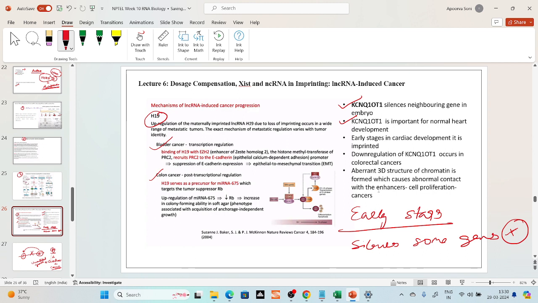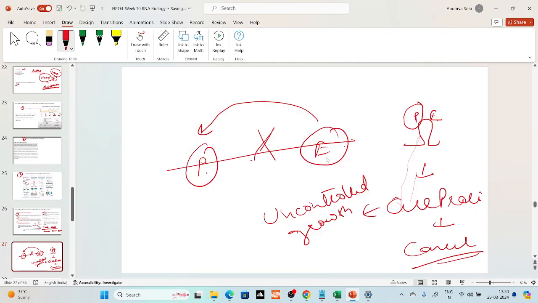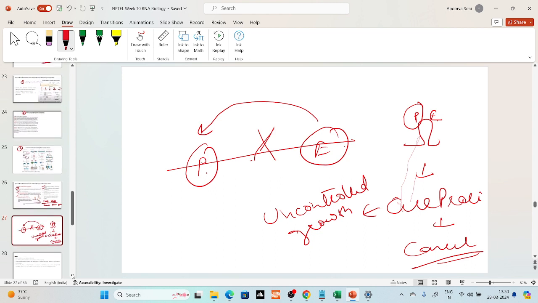If the genes are not silenced, they will be expressed more and there are aberrant 3D structures. If there are aberrant 3D structures, then these enhancers, which were earlier very far away from the promoter, come into close proximity. So now this enhancer is enhancing the promoter so much that there is cell proliferation, which is ultimately leading to cancer. Okay, so this is another example.